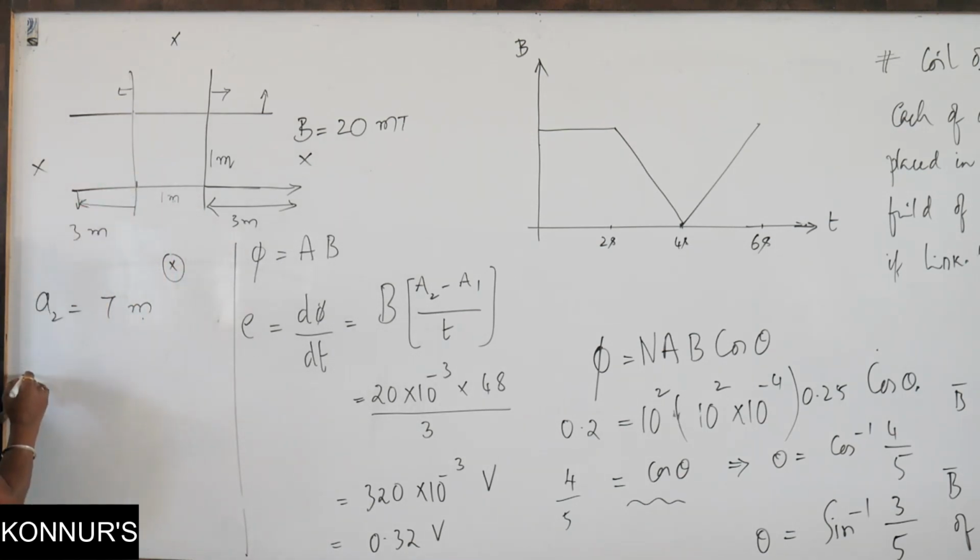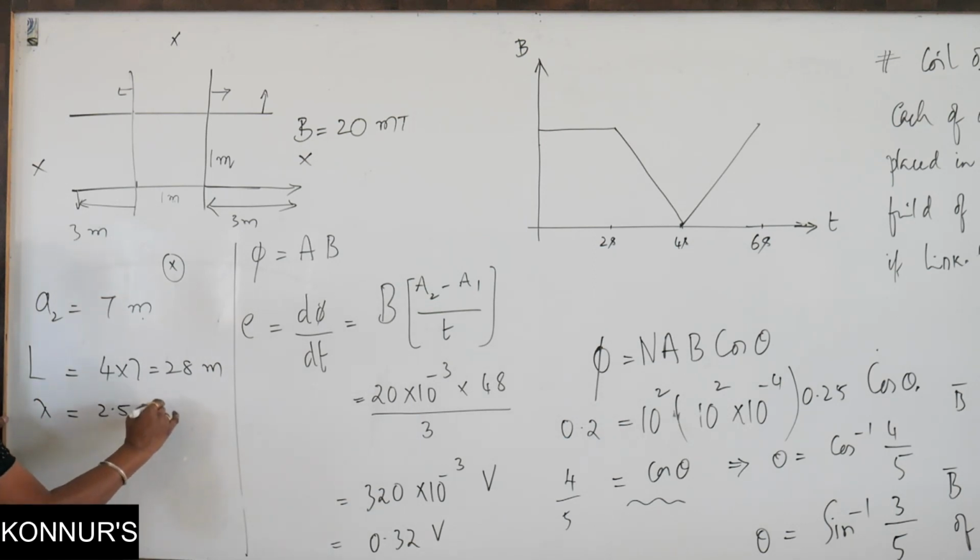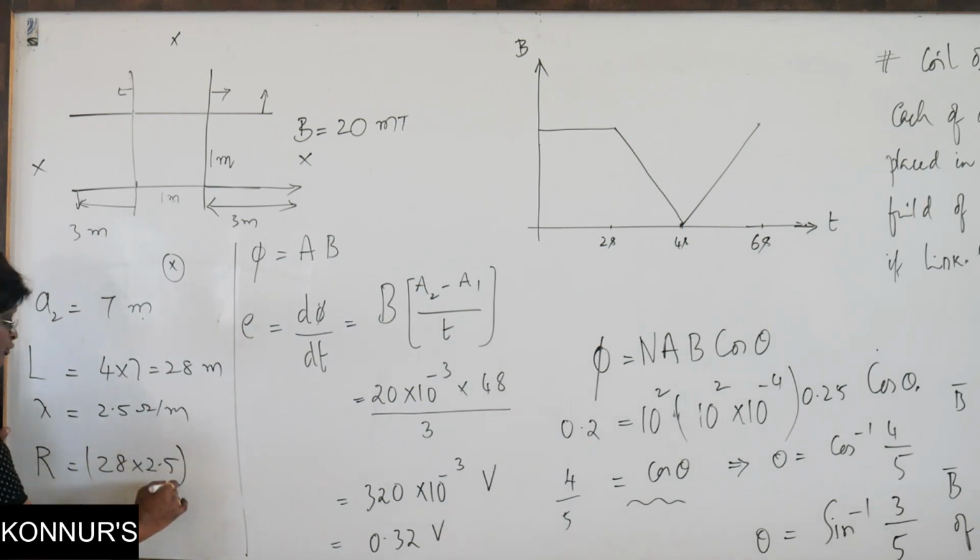Now for a square, what is the total length? L is equal to 4 into 7, that is 28 meter. Now what is lambda? Lambda is going to be, earlier, 2.5 ohm per meter. Therefore now what is the resistance of the wire? Means 28 into 2.5. This is in ohms, right?